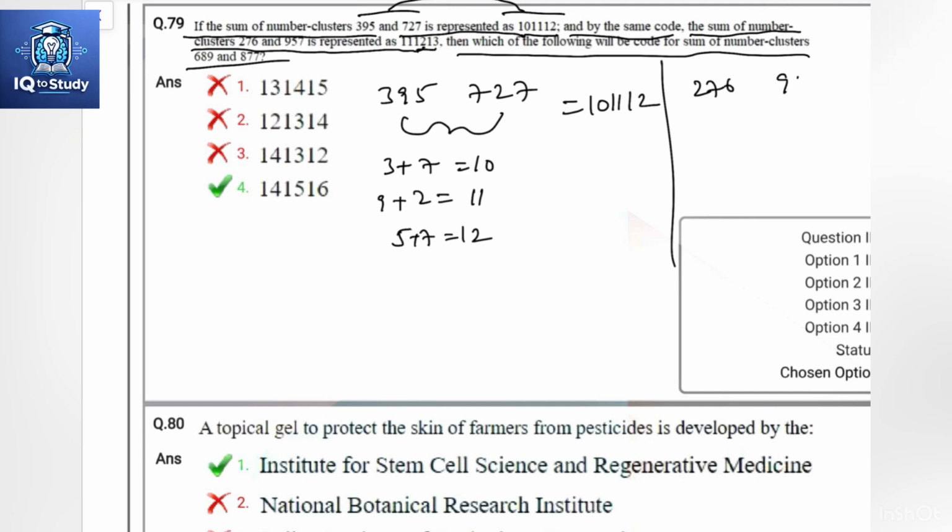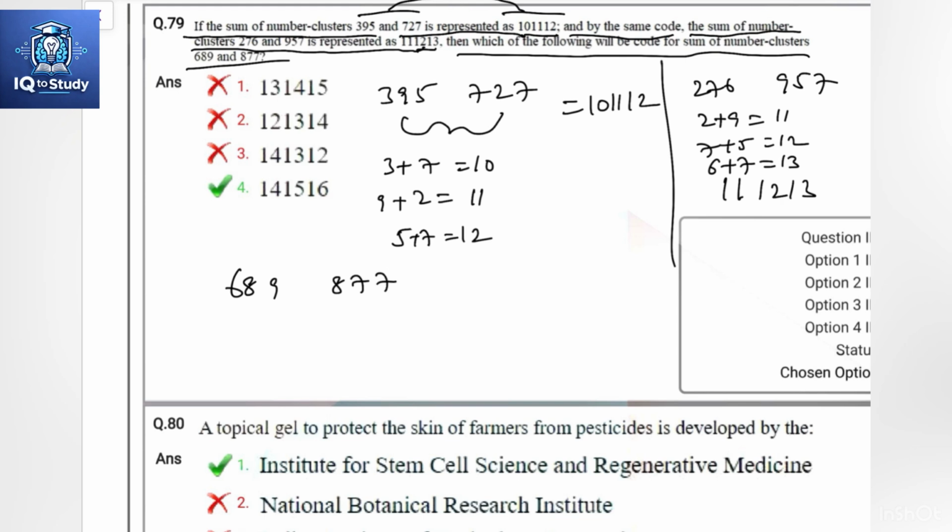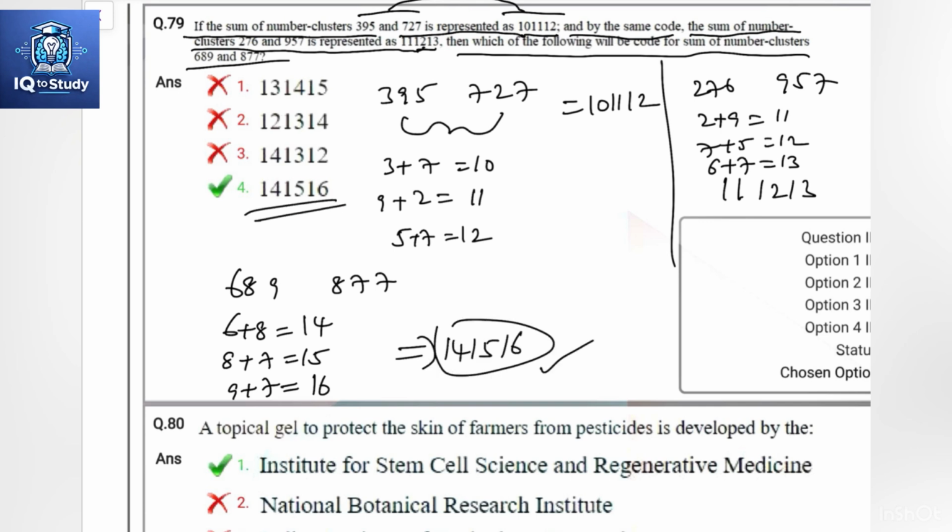Similarly, 276 and 957 is represented as 111213 because 2 plus 9 is 11, 7 plus 5 is 12 and 6 plus 7 is 13. In the same way, 689 and 877 can be written as 6 plus 8 is 14, 8 plus 7 is 15, 9 plus 7 is 16. So the answer is 14, 15, 16, which is option number 4.